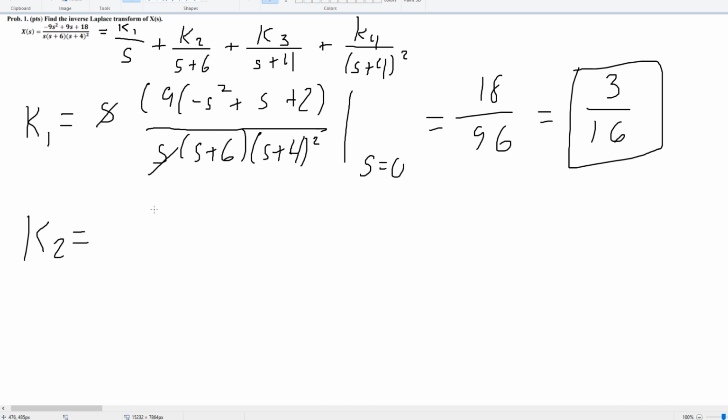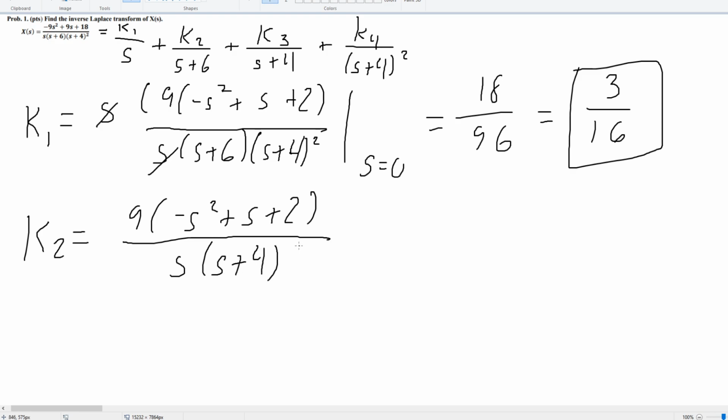So as I said, we're now going to be multiplying s plus 6 by the top and bottom, so I'm just not going to include that. 9 negative s squared is going to cancel out anyway, so plus 2. And I'm just going to write s times s plus 4 squared.